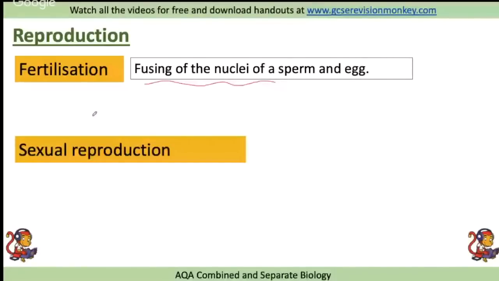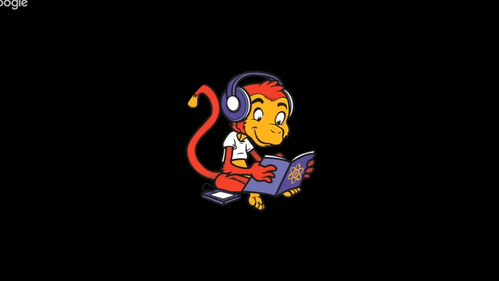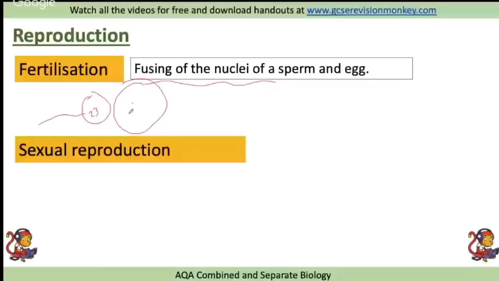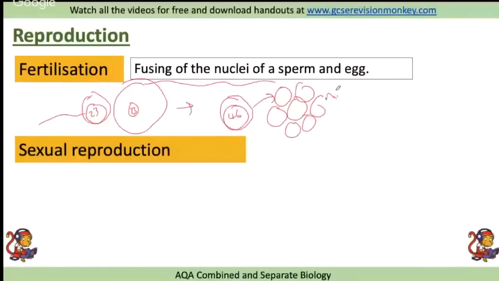So when a sperm, for example in a human with its 23 chromosomes, fuses with the nuclei of an egg with 23 chromosomes, they will make a fertilized cell with 46 chromosomes. That will then start to divide by mitosis to make an embryo. So mitosis when it's growing into an embryo, meiosis when it's to make these first of all.